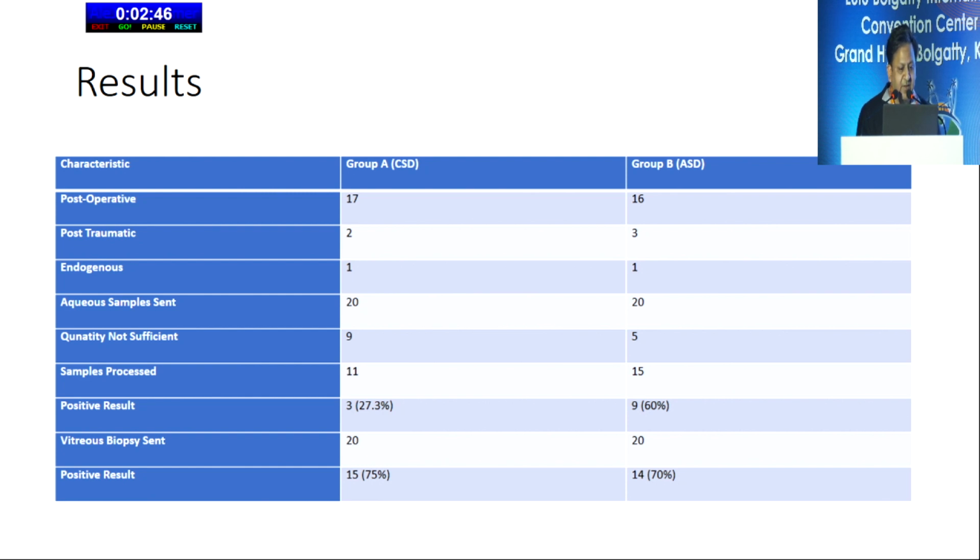The samples processed were 11 in group A and 15 in group B, and a positive result was obtained in 27% of cases in group A and 60% in group B. The vitreous biopsy was sent in all those cases, and the positive result was seen in 15, that is 75% in group A and 70% in group B.